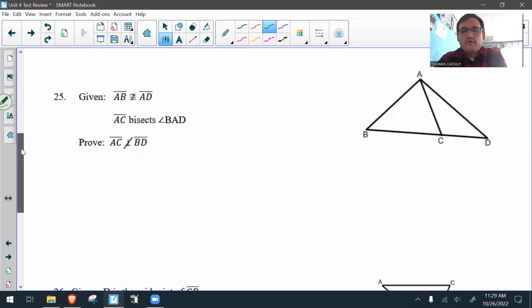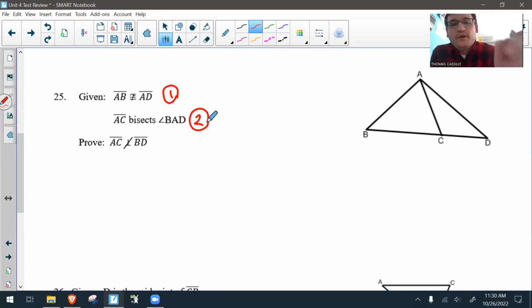All right. So remember, we kind of have a process of doing this. The first thing we should do is pick all but one of our givens. We have two given statements here. We have AB is not congruent to AD, and then we have AC bisects angle BAD.